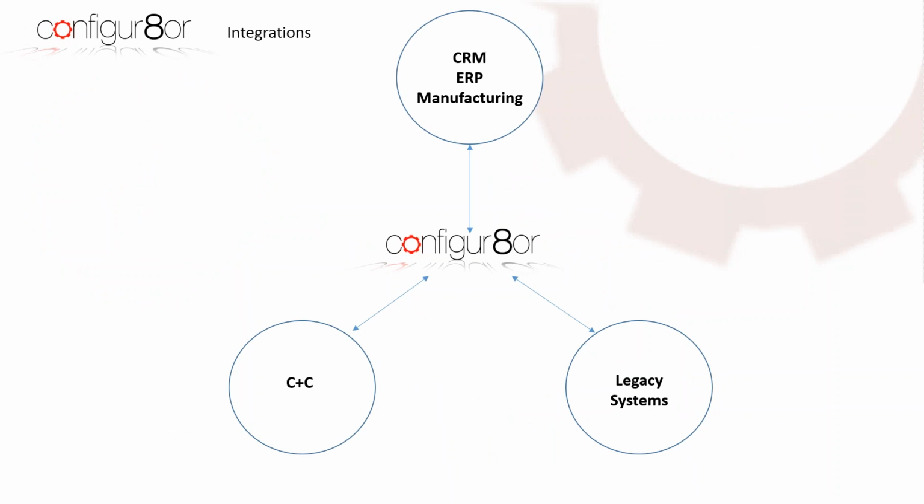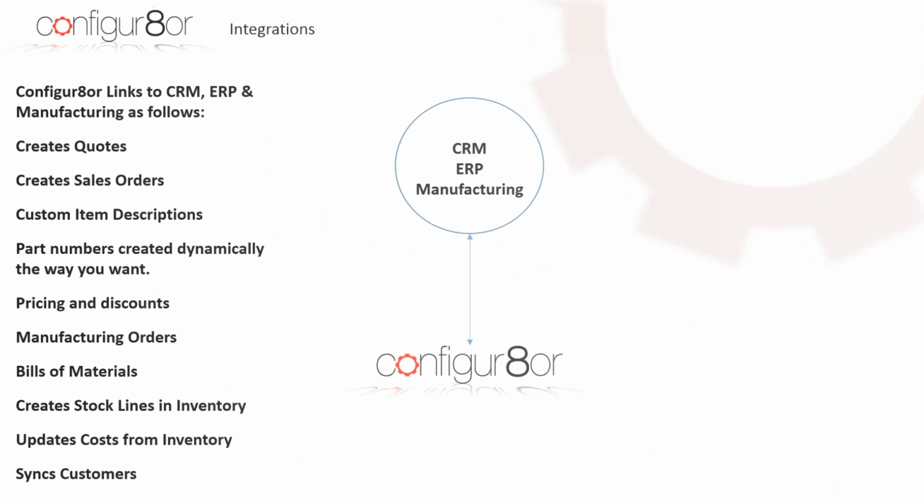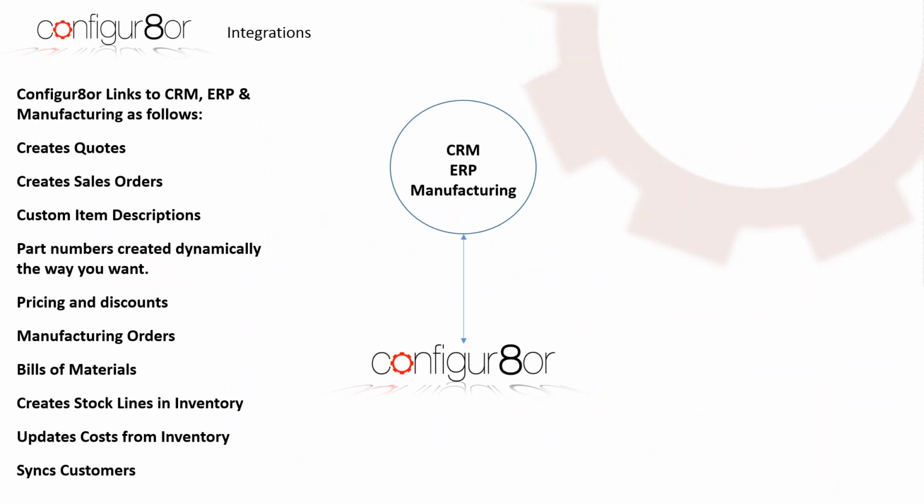Now, going over to software integration. You'll see from the overall diagram here, the first one we're going to have on the list is CRM, ERP and manufacturing. Configur8or links, as shown on the left, with over 40 standard integrations, plus there's a full API set available for software development if you wish to do it in-house.